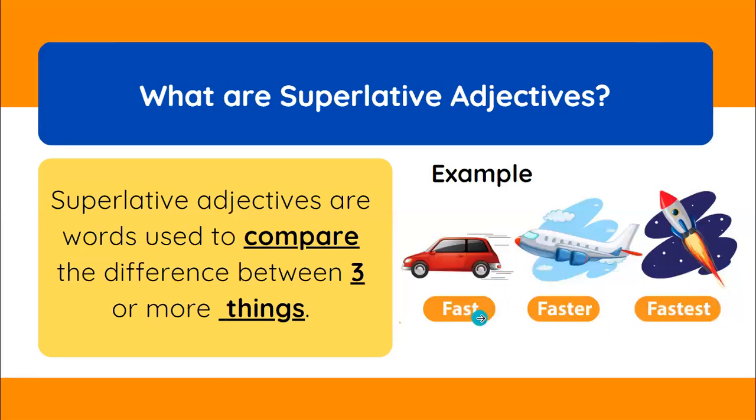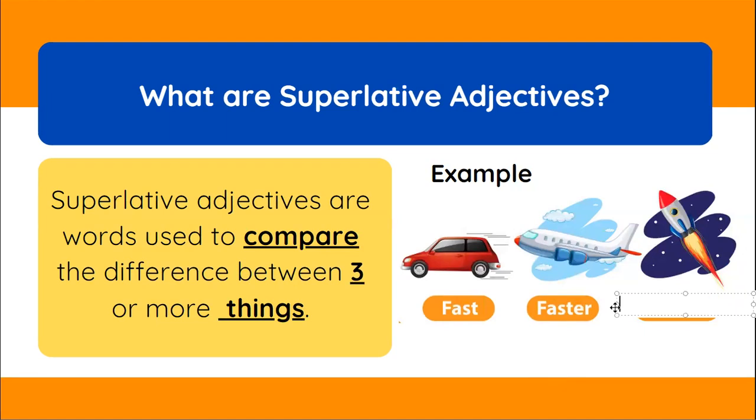It means that the airplane is faster than the car, but the rocket is the fastest one. Remember that before the superlative adjective, we need to write THE, the fastest. In comparatives, we use than.